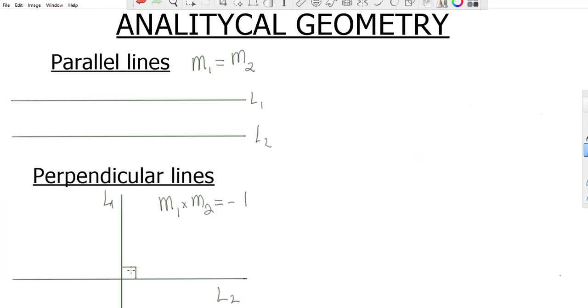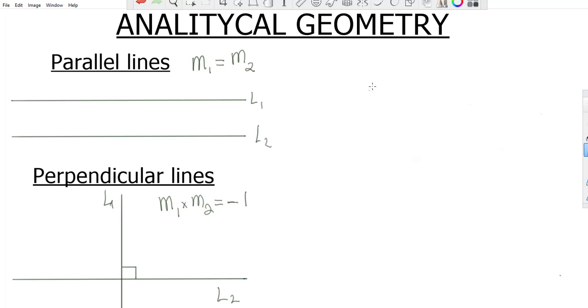So two lines are perpendicular when you multiply their gradients, the answer should be equal to -1. For example, I'll give you an example now. And two perpendicular lines make an angle of what? 90 degrees. There we go.